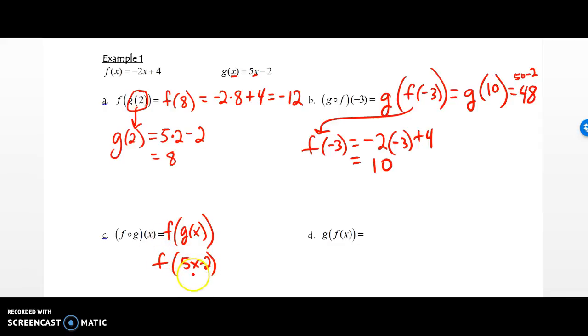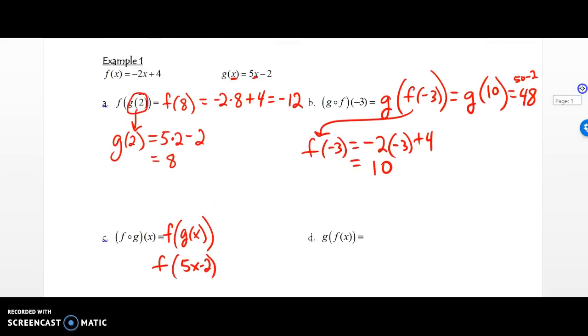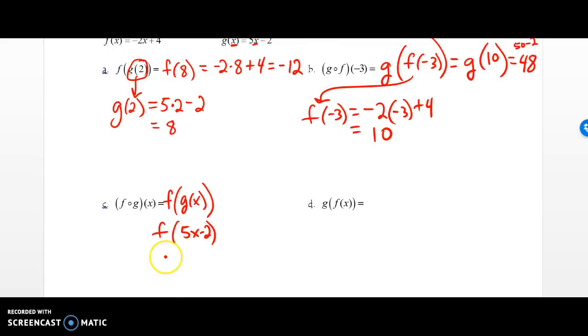So now we're evaluating function f using 5x minus 2. I'm using function f, which says I take negative 2 times whatever x is. Well, now our x is the quantity 5x minus 2 and adding 4.